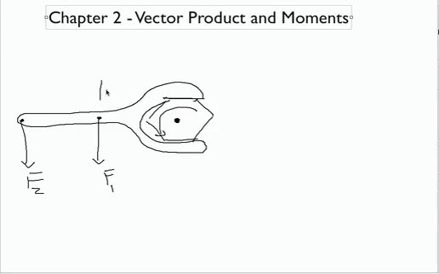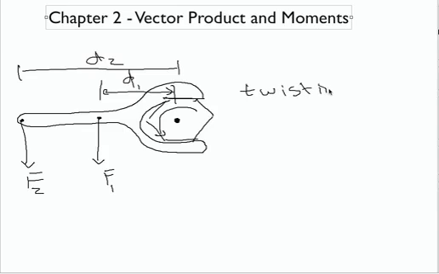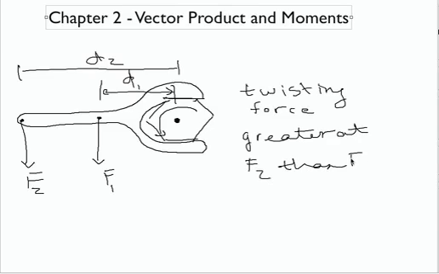And so we think of this as, let's say, here's D1, and then here is D2, and our twisting force, we'll just call it twisting force for right now, is greater at F2 than F1.